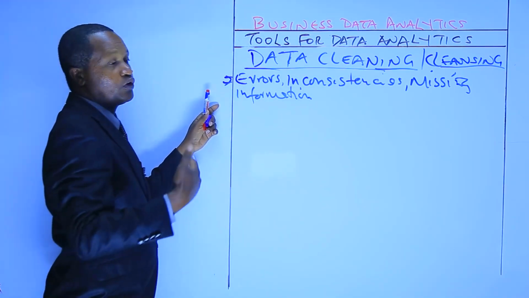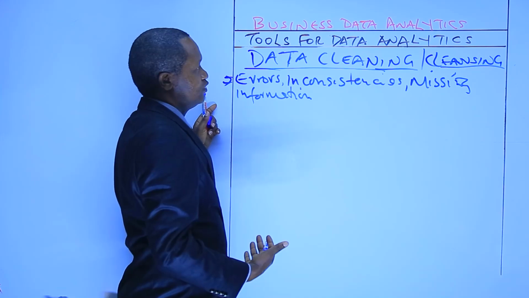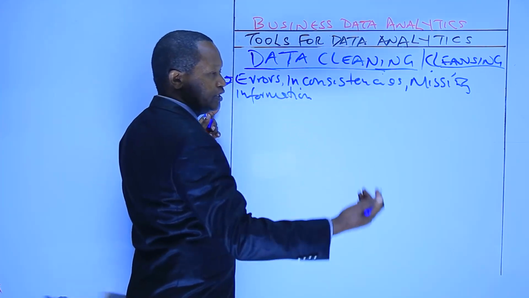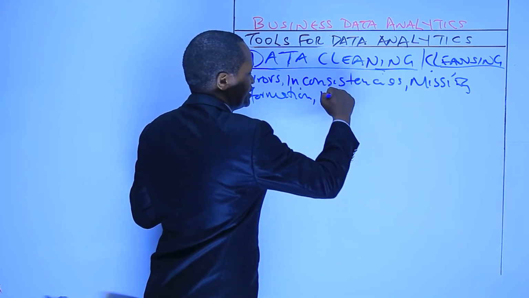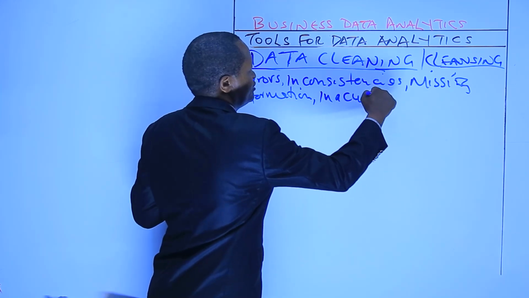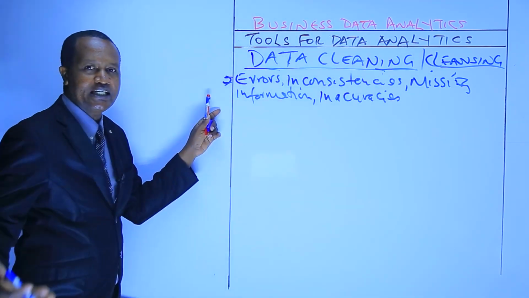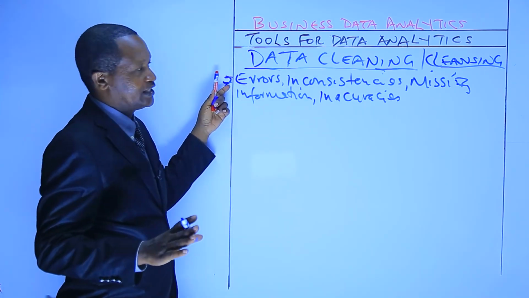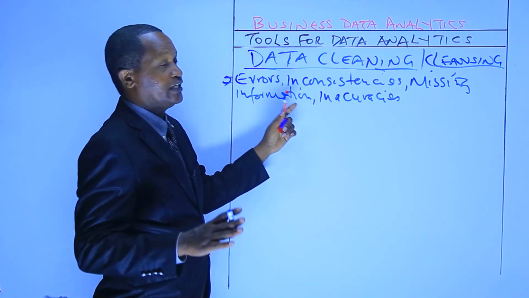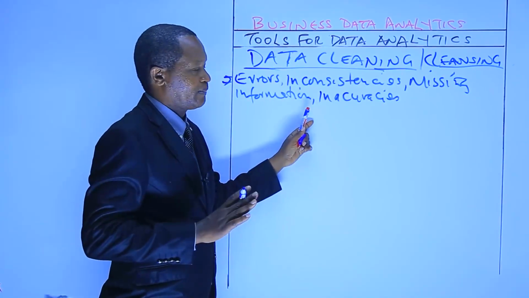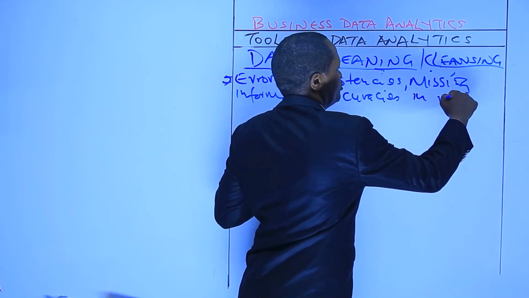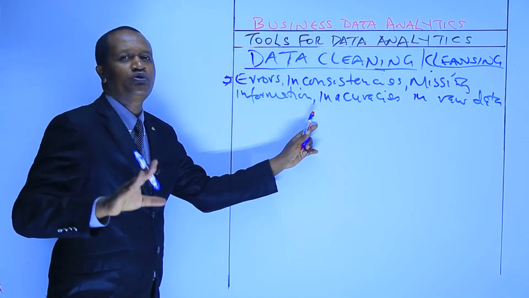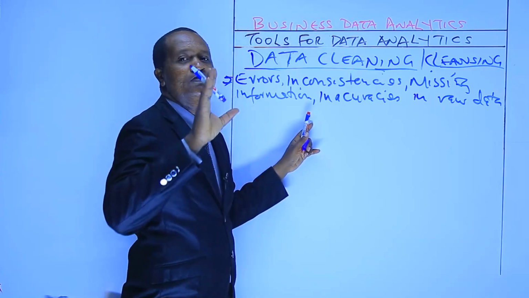There could be a process of completing it. That still falls under data cleaning. It may also involve doing away with inaccuracies. So data cleaning is the process of identifying and correcting errors, inconsistencies, inaccuracies in raw data. And the objective of doing all this is to improve the quality and usability of data.